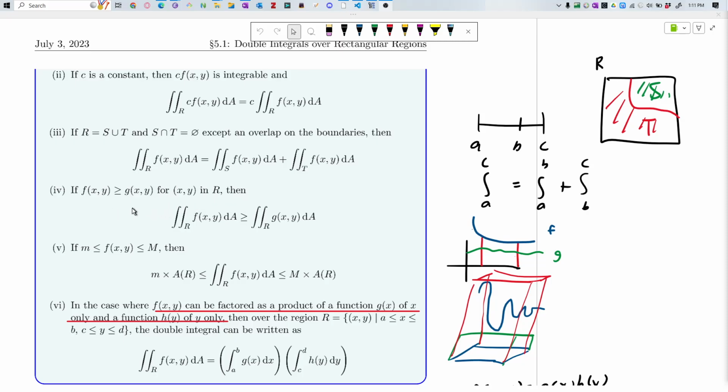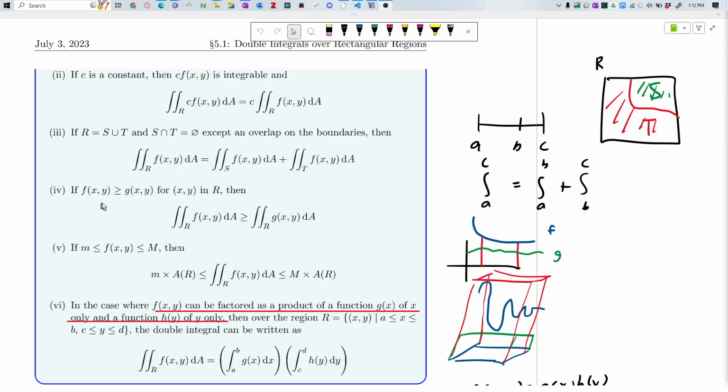This is common sense, but I'm fairly sure that this is not something that we'll use, but it should make sense. So if the function f is always greater than or equal to the function g on whatever region we're considering, then of course the double integral for f should be greater than the double integral for g. Think about the fact that double integrals are volume.